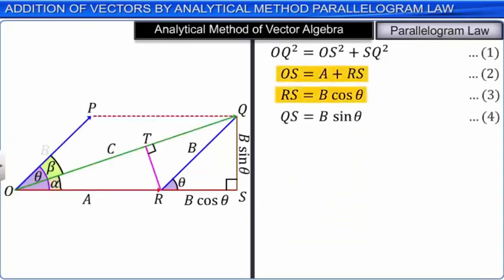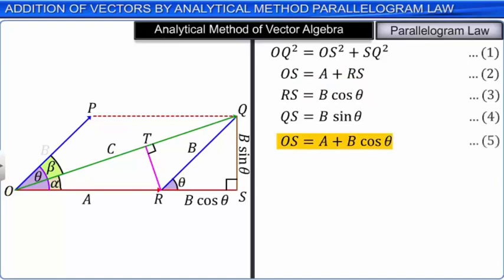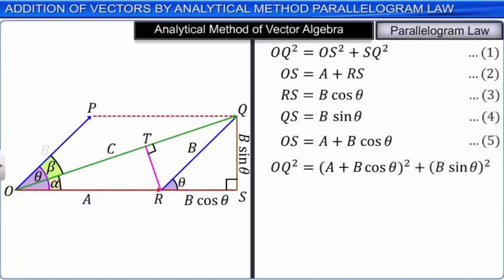We get OQ square is equal to (A plus B cos theta) the whole square plus (B sin theta) the whole square, which is equal to A square plus (B cos theta) the whole square plus 2AB cos theta plus (B sin theta) the whole square, which is equal to A square plus B square (sin square theta plus cos square theta) plus 2AB cos theta.